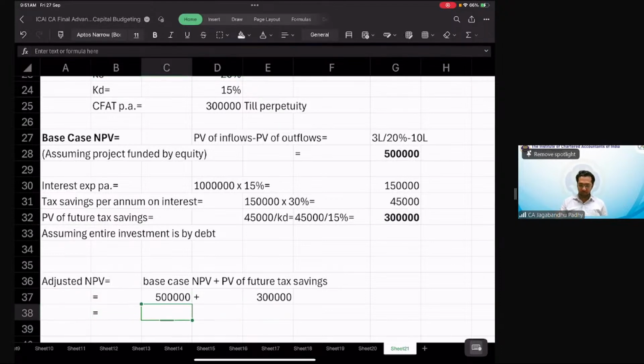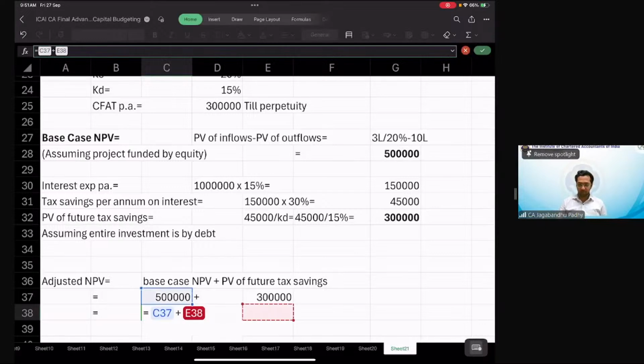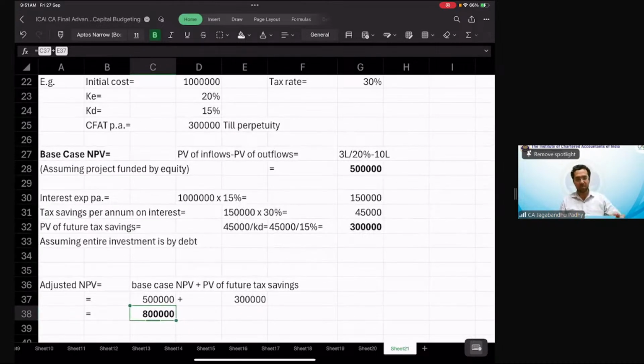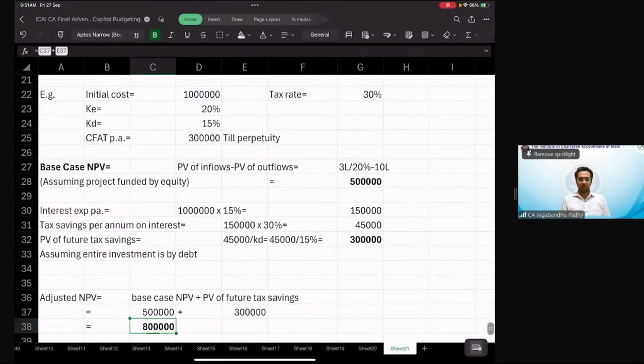So adjusted NPV will work out to be 5 lakh plus 3 lakh, which is 8 lakh rupees. So it is similar to the model that we have done in our CA Inter. Is this concept clear now? Adjusted NPV.